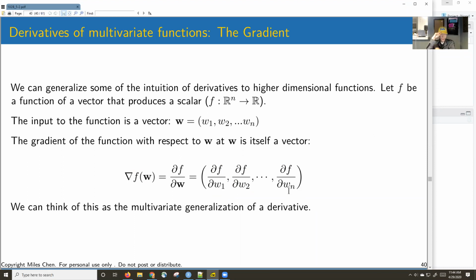So you get a gradient, and we can think of this as the multivariate generalization of a derivative. We can do this again and get a second derivative. Do you remember what that would be called? If I take the second derivative of this gradient, what am I going to get?